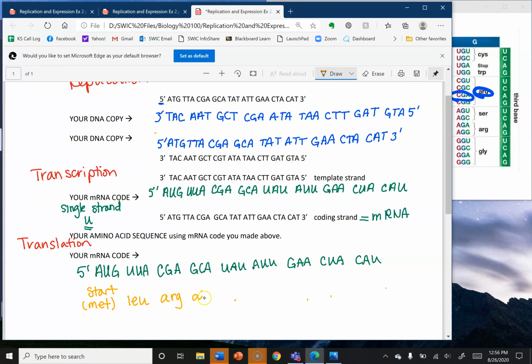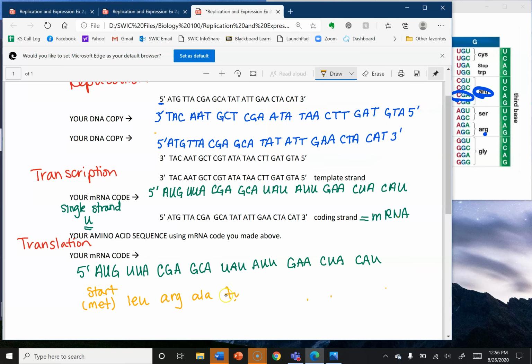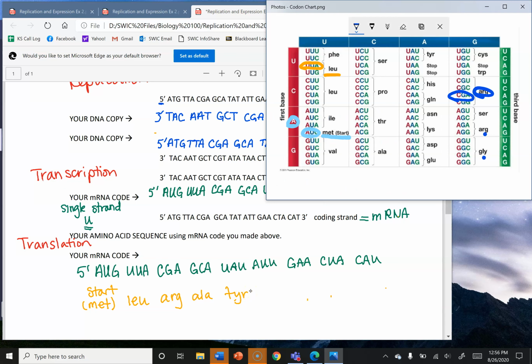Going back to the next one, GCA is alanine. UAU is tyrosine. You don't have to remember all of these names, I just happen to know them. AUU is isoleucine.